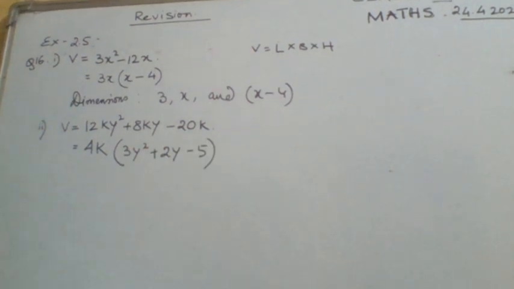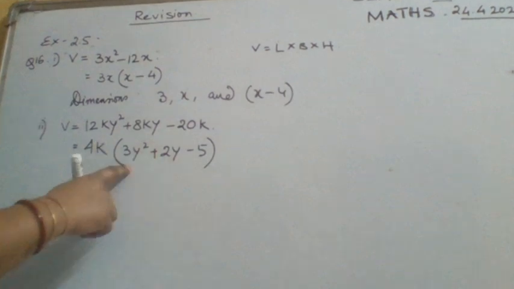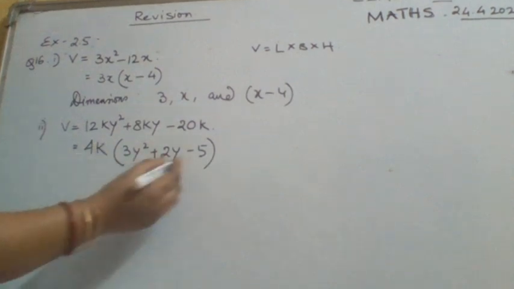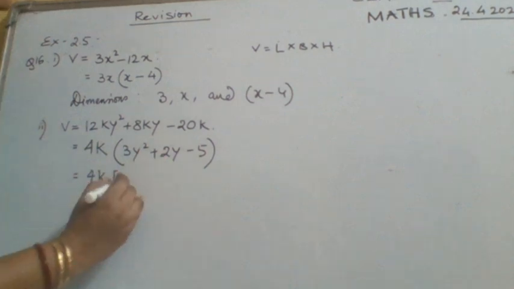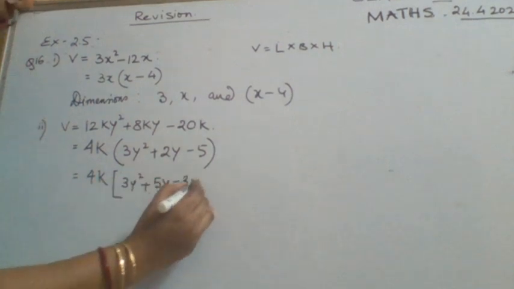So you need to factorize it now. So 5 and 3, these are prime numbers. So what are the possible ways we can get 2y? We will do it like this: 4k and this is your 3y square. Because this is plus, I will write it as 5y minus 3y minus 5.